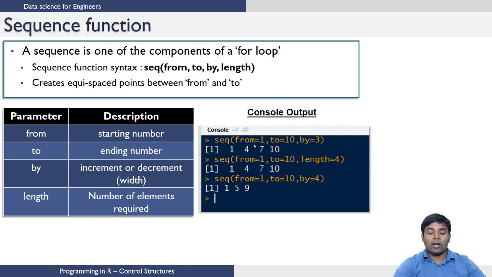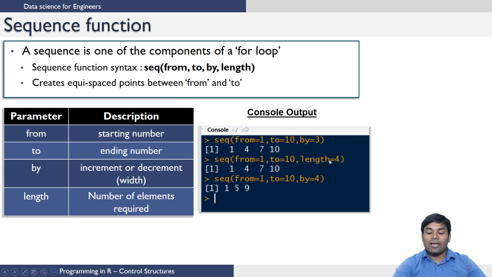Let us assume that I want to create a sequence from 1 to 10 with a width of 3. So the argument which I want to pass is by equal to 3. This will create 1, then 4, leaving 3 values, then 7, and then leaving another 3 values, then 10.